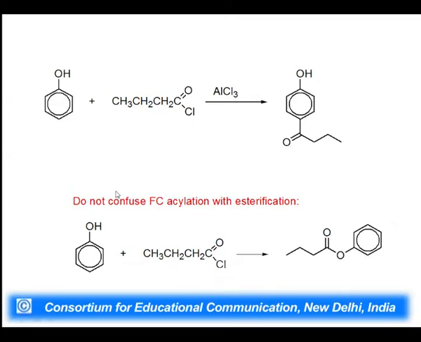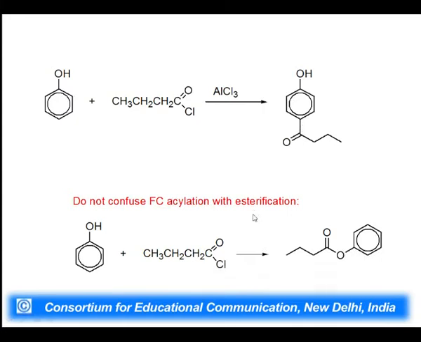Whereas when we do the reaction of phenol with acid chloride in the presence of NaOH or pyridine, then please remember that esterification takes place, that is O acylation, the reaction taking place at oxygen. Whereas in the presence of AlCl3, the reaction takes place at carbon here.